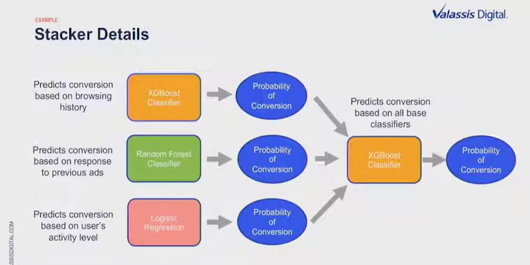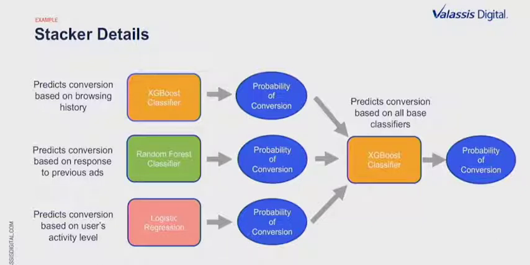So we could have an XGBoost classifier that predicts conversion based on users' browsing history. We could have a random forest classifier that predicts conversion based on users' response to previous ads, like whether the user interacted with the ads at all, whether the user clicked on it, etc. And then we could have, I guess, a logistic regression in this case to predict conversion based on users' activity level.